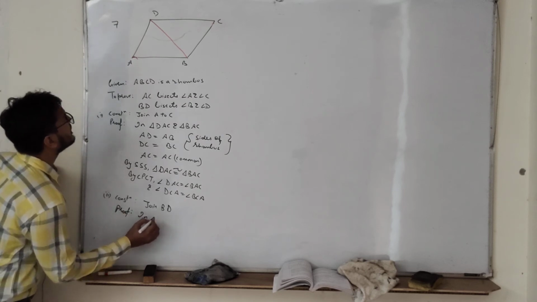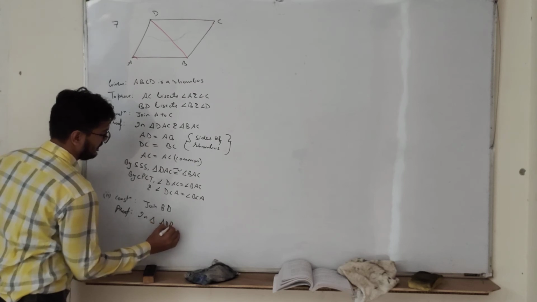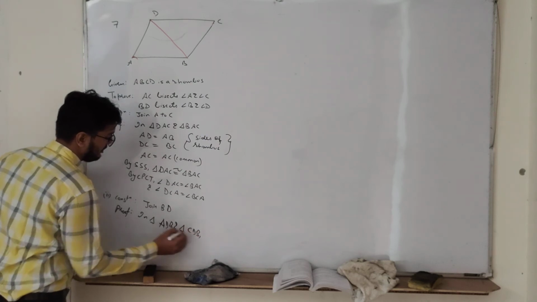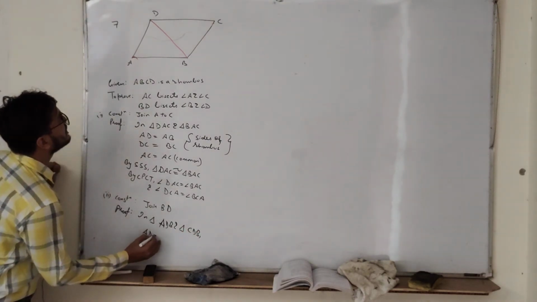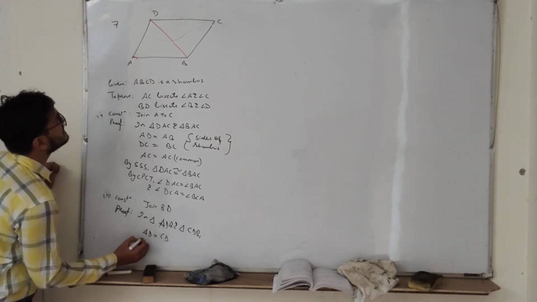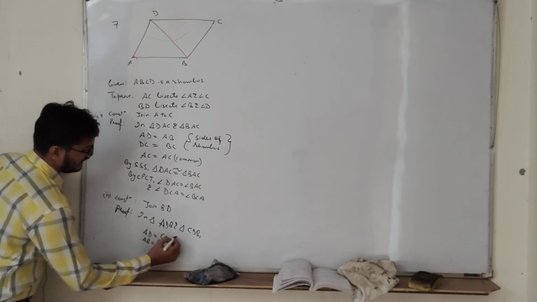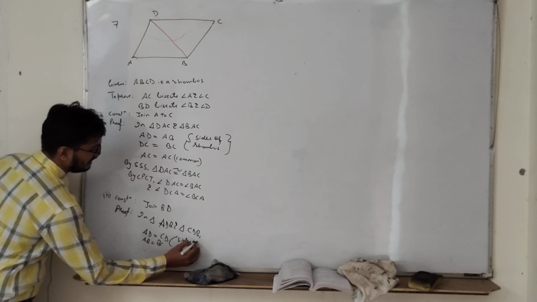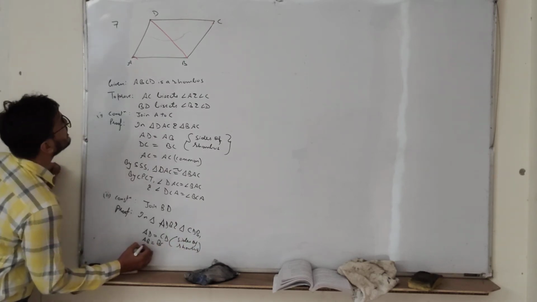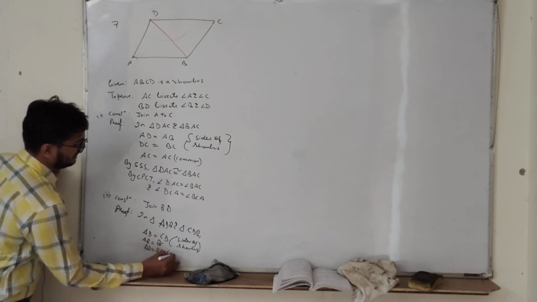Now proof. So in triangle ADB and triangle CDB, we know that AD is equal to CD and AB is equal to BC, sides of a rhombus. Also we know that BD is equal to BD, common.